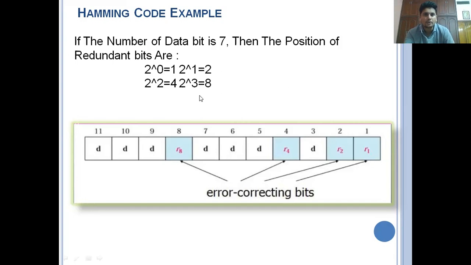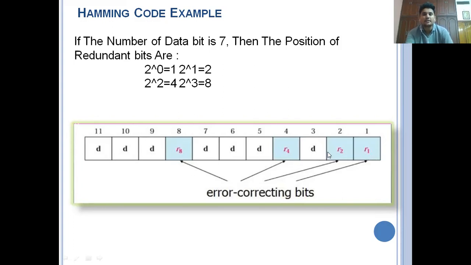So we place the Hamming bits in position 1, position 2, position 4 and position 8. 2 power 0, 2 power 1, 2 power 2, 2 power 3. 2 power 0 is equal to 1, so here we are placing redundancy bit 1.